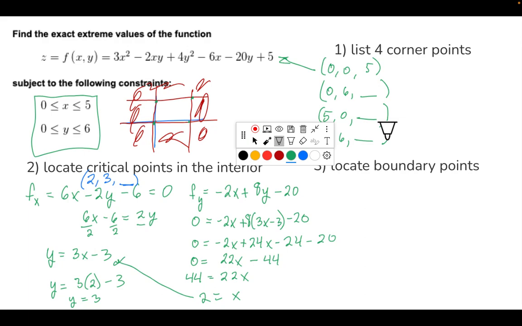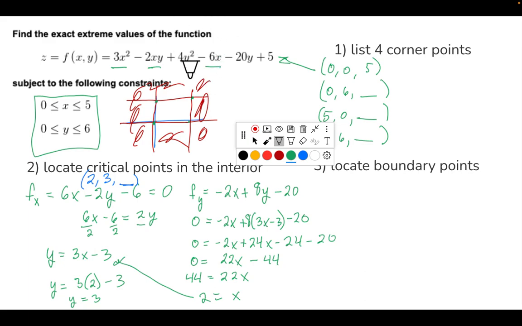So we could use x equals 0. This inequality basically tells us on the boundary there's x equals 0 and x equals 5. Now, if we put in x equals 0, that becomes 0, that becomes 0, this becomes 0.